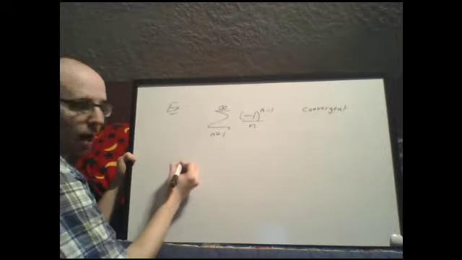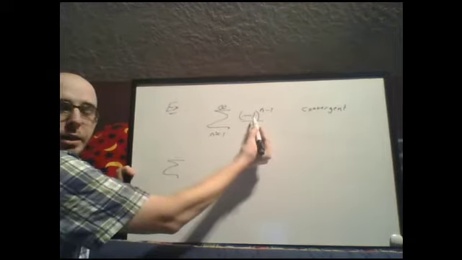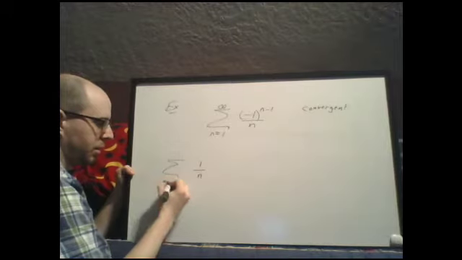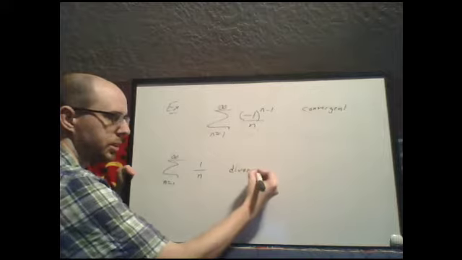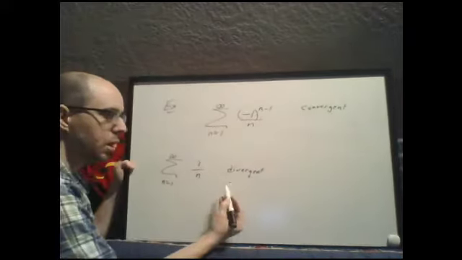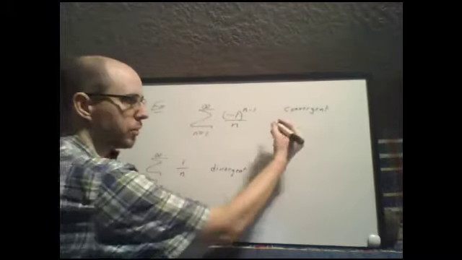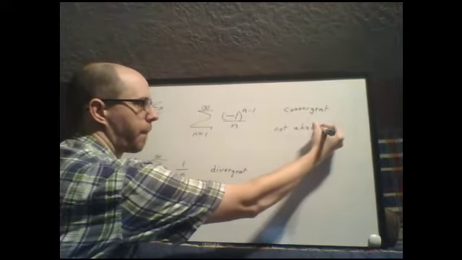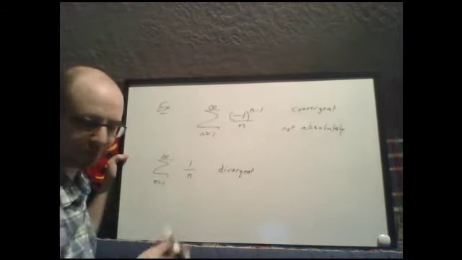If I take the absolute value series, it's again going to eliminate the alternating part, and it's just going to give me 1 over n. That's divergent. The harmonic series is divergent. So what that tells me is the original series is not absolutely convergent. So this one is convergent, but not absolutely.